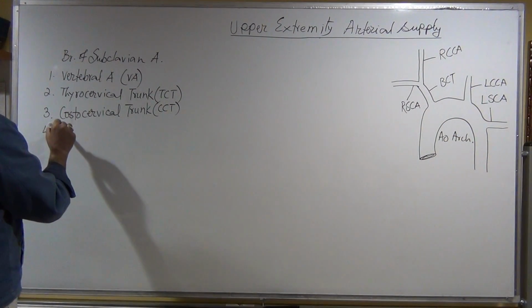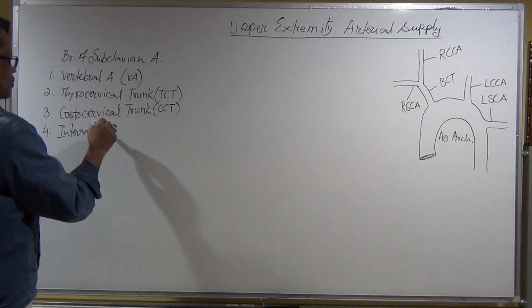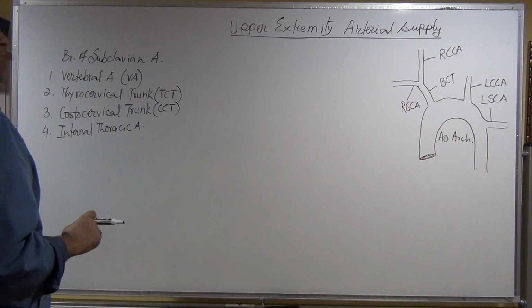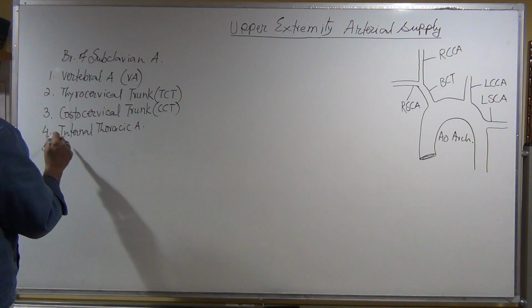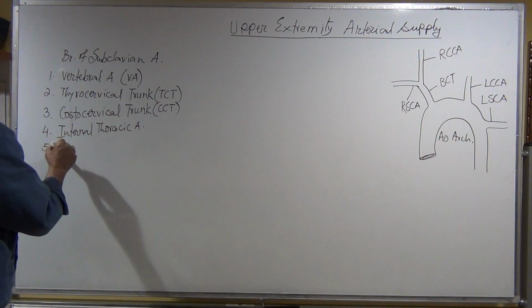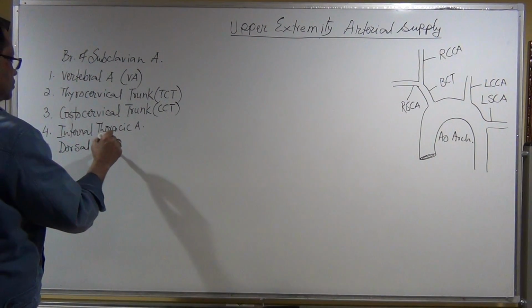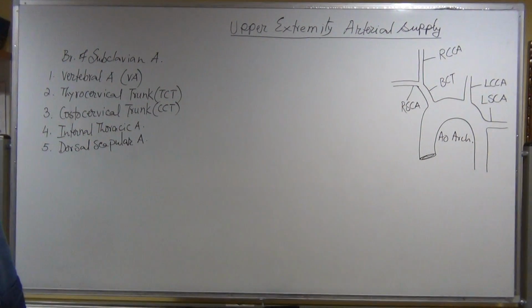Number 4, internal thoracic artery. Number 5, dorsal scapular artery. So these 5 branches are from the subclavian artery.